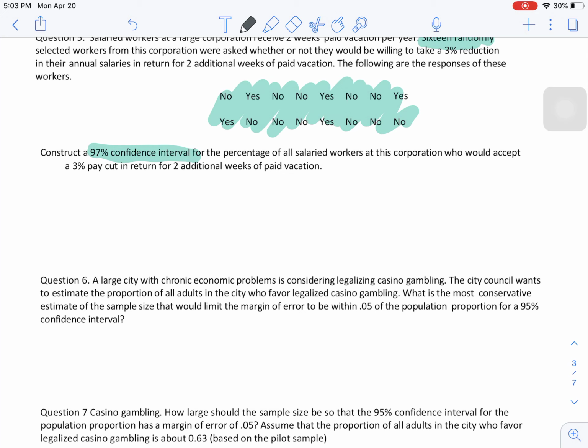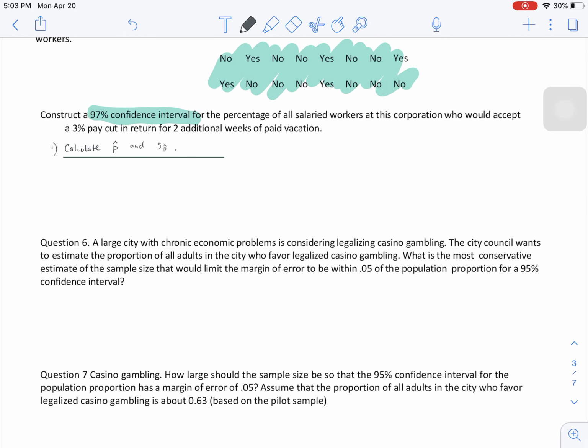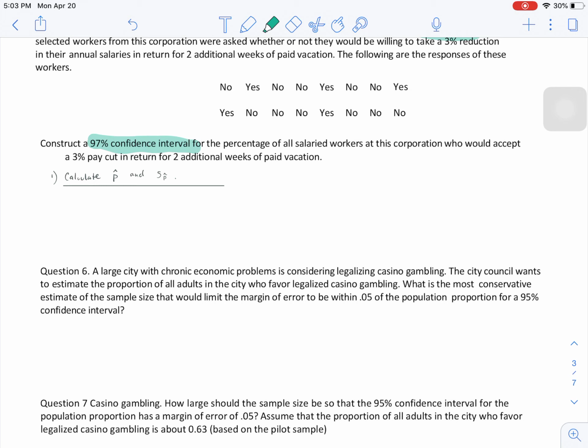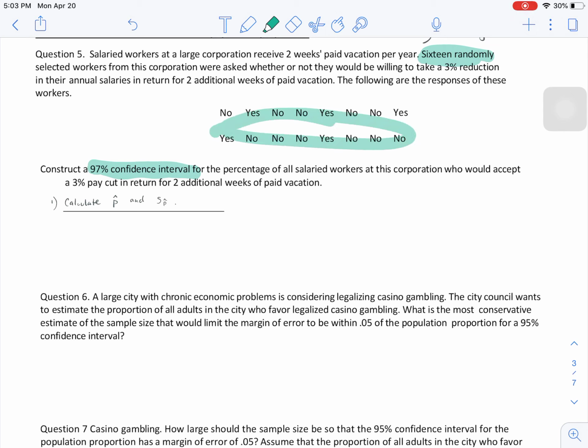So first thing we want to do is calculate our sample proportion and our sample standard deviation. So our sample proportion, we want to estimate the number who would say yes to this deal. So we'll take the proportion out using this sample of people who would say yes.